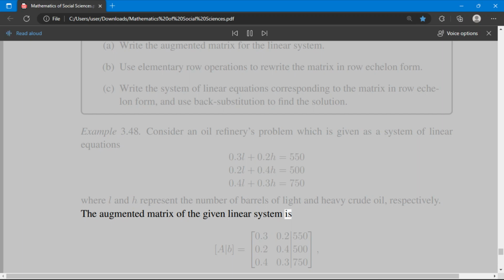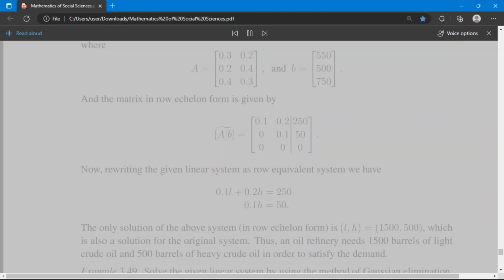The augmented matrix of the given linear system is AB equals [0.3 0.2 | 550; 0.2 0.4 | 500; 0.4 0.3 | 750].